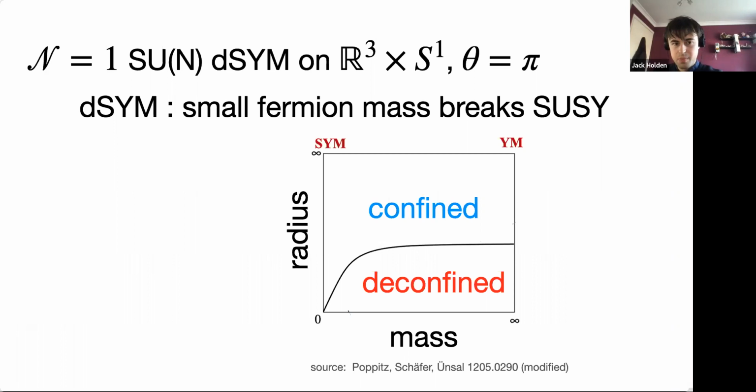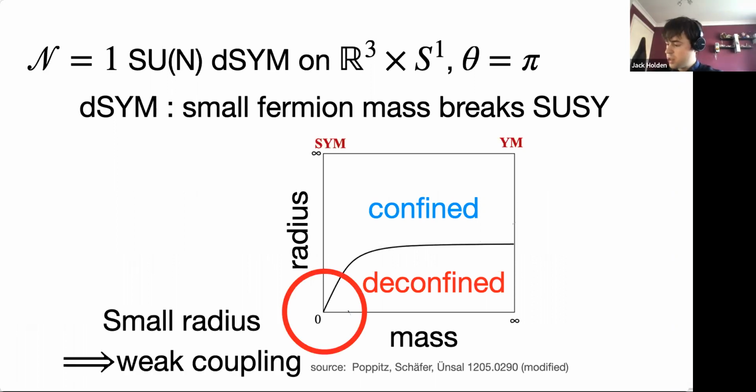And so this is the conjectured phase diagram for this theory, and we'll be in this region, which is under control and so well understood. The deconfinement transition occurs at small radius, which means that we can use weak coupling analysis in this region.